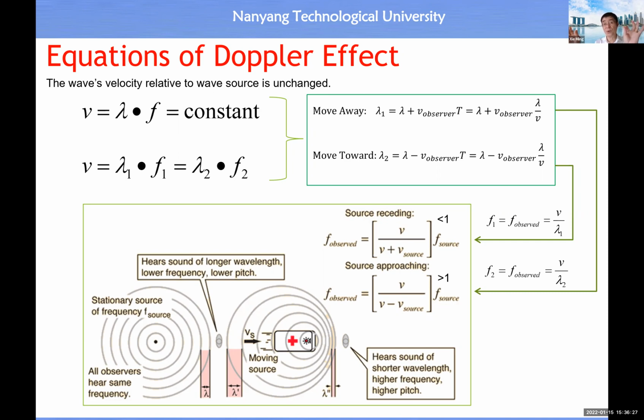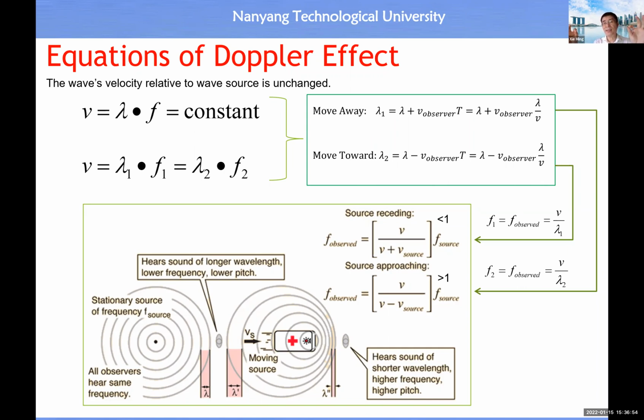If the velocity is 0, then during time t, the distance increase or reduction is 0. But when this velocity is not equal to 0, then this relative velocity times t is equal to the increase or reduction in wavelength.